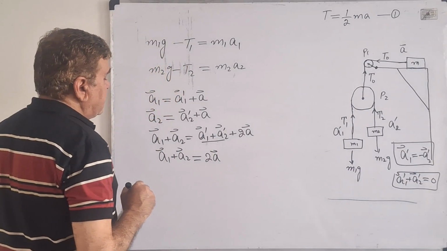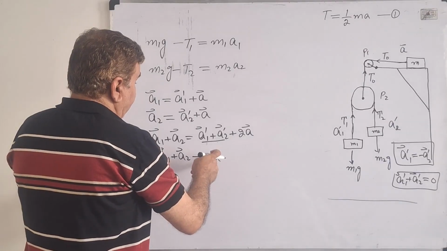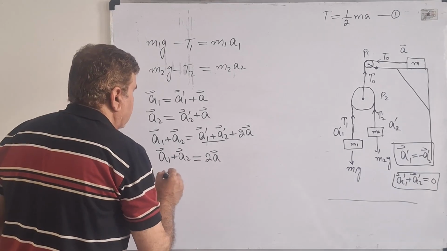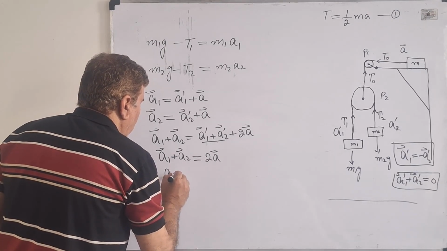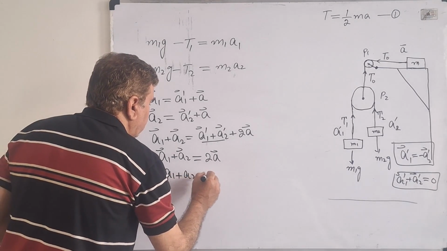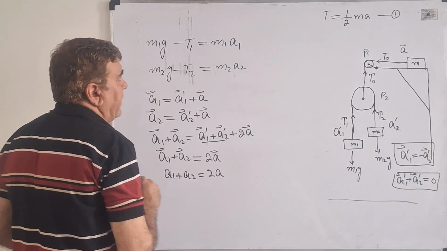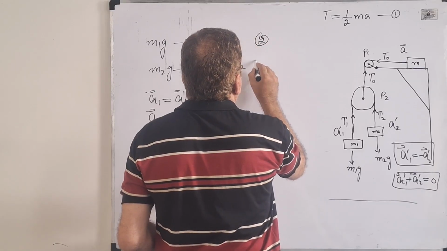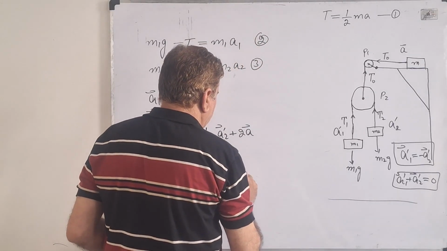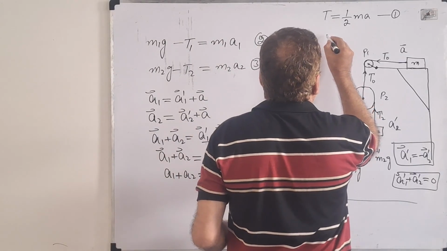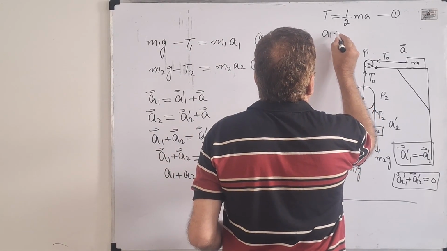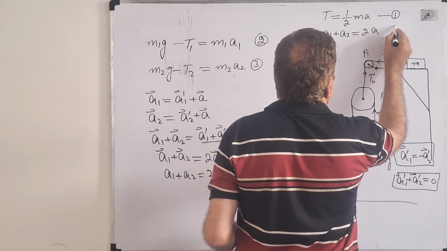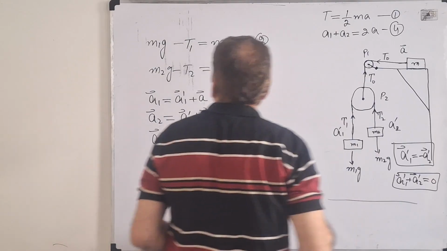Okay? And since all these accelerations are along a straight line, therefore we can write this in a scalar form. A1 plus A2 equals 2 times A. Let me call this equation 2, this equation 3, and this equation 4. So I write equation 4 over here: A1 plus A2 equals 2 times A, and I call this equation 4.